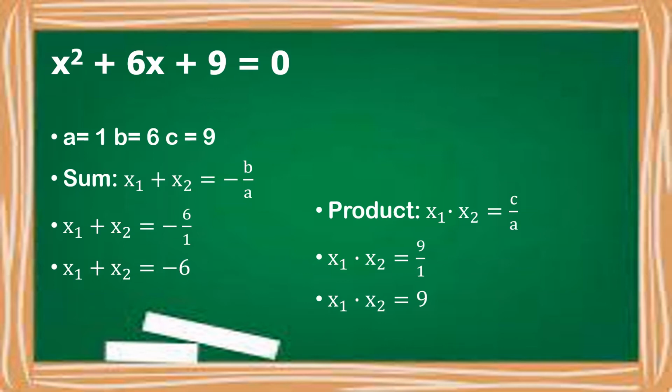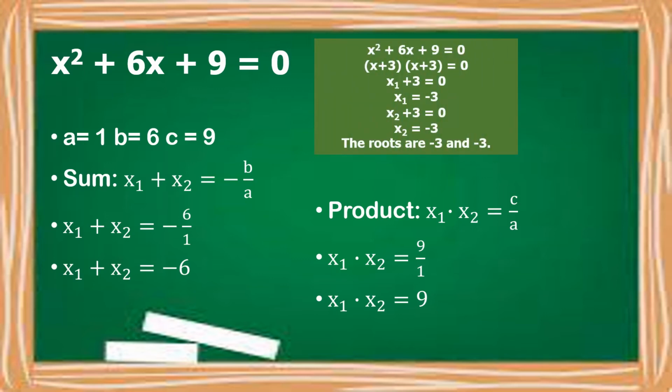To find out if we have the correct answer, let us solve for the roots of x squared plus 6x plus 9 equals 0. By factoring, we can solve for the roots. The roots are negative 3 and negative 3. So the sum of the roots means negative 3 plus negative 3, and that is negative 6.